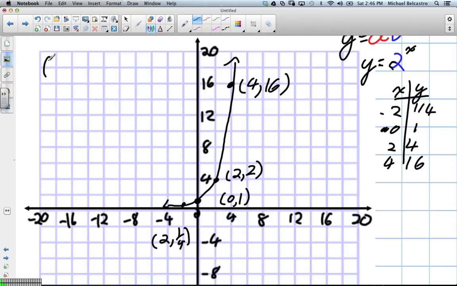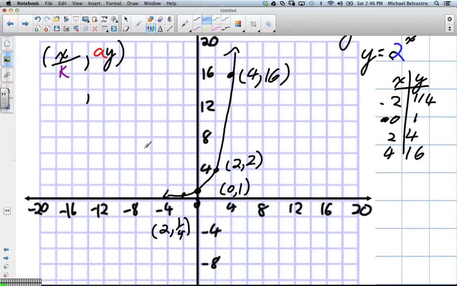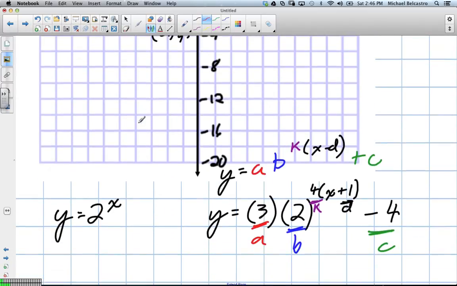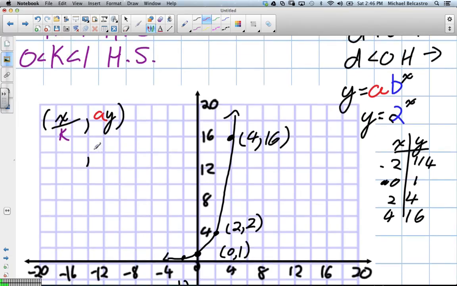And recall, I gave us something that looked like this. We can take x and divide it by the k value, right? And we can take the y value and multiply it by the a value, right? So our a value in this one was what? 3. So our a value was 3. So we're taking all of our major y values and multiplying them by 3, okay?